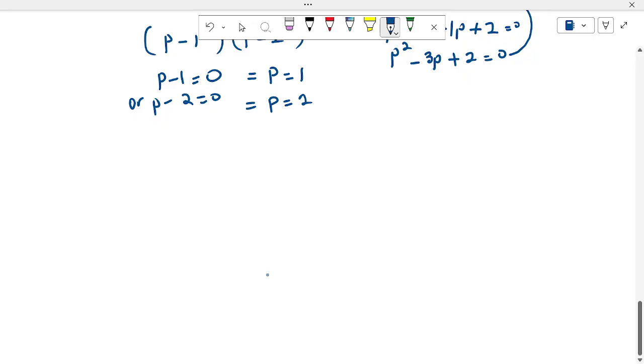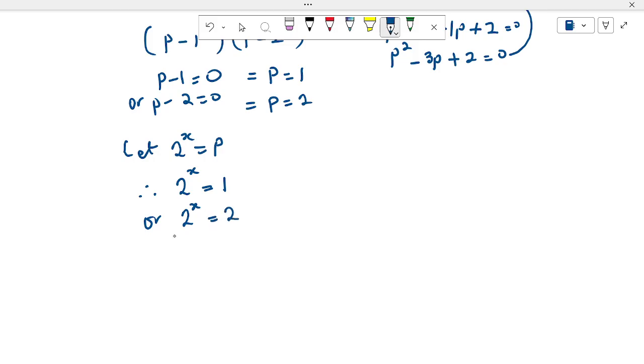Remember that you said let 2 raised to power x equals to p. So therefore, you are saying your 2 raised to power x is equal to 1 or your 2 raised to power x is equal to 2.